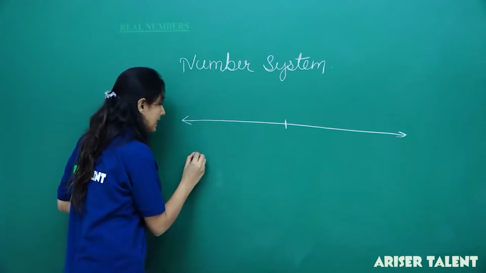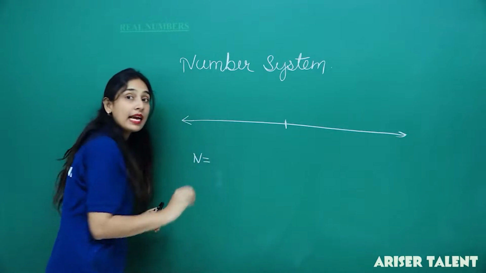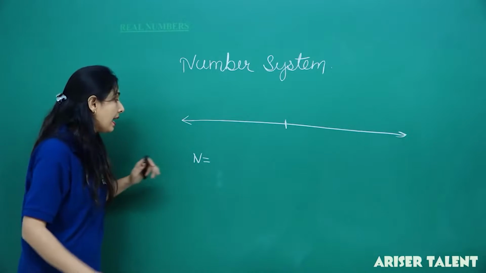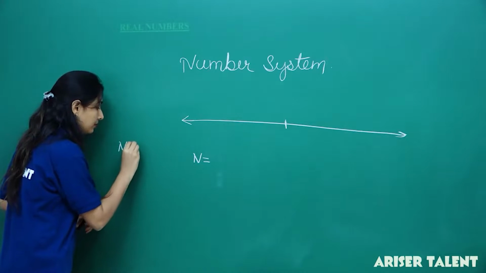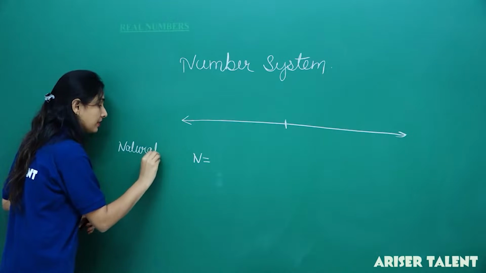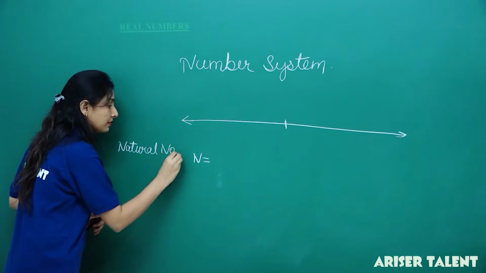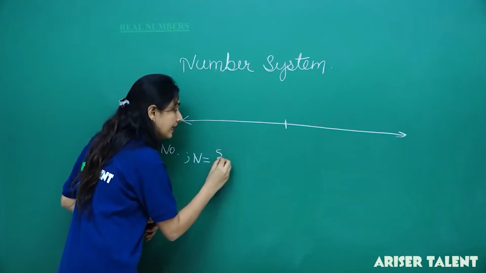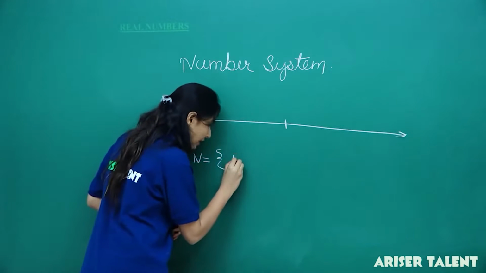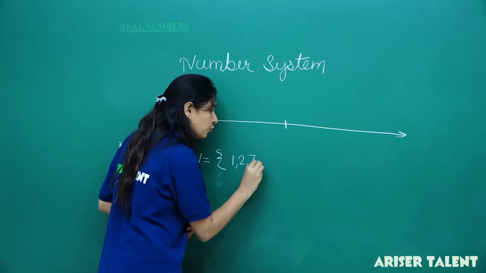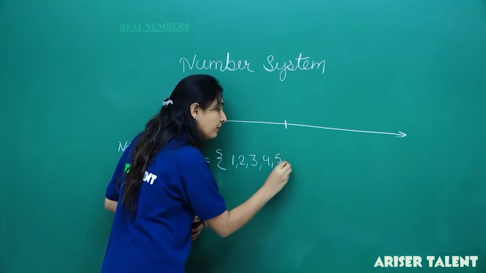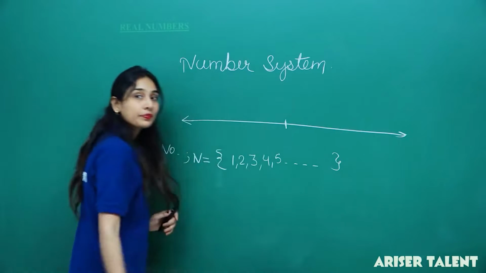So, the first set is the natural set, which is denoted by N. Natural numbers. The set N is nothing but our counting numbers 1, 2, 3, 4, 5 and so on.